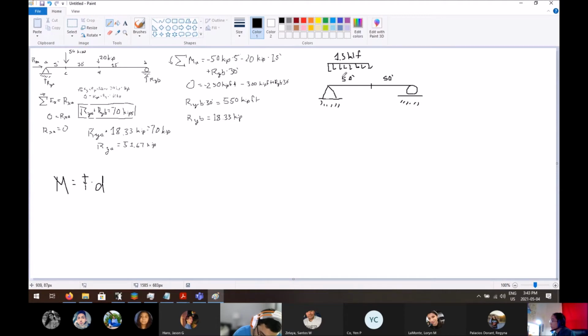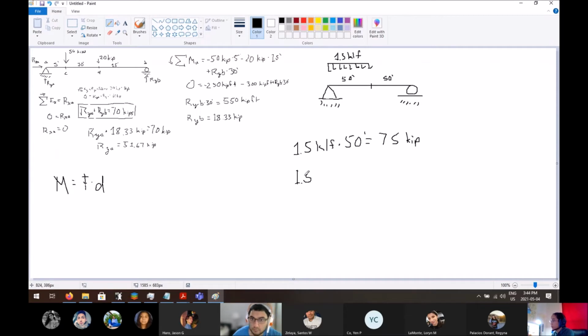You see how it spans 50 feet, right? So 1.5, we're just going to multiply those together. 1.5 kips per linear foot times 50 feet, right? That would just result in 75 kips.